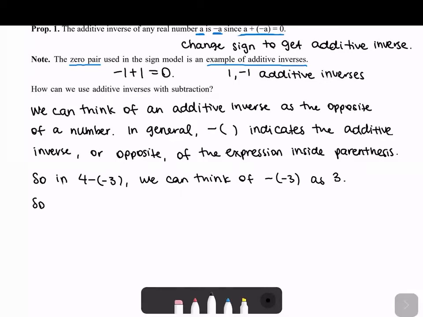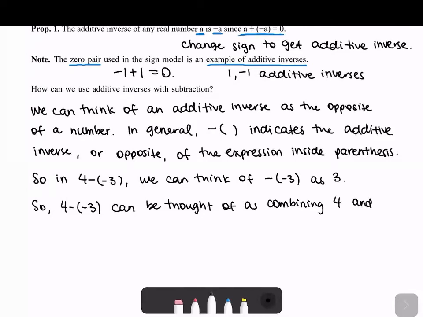So whenever we're thinking of 4 minus -3, we can really think of it as combining 4 and the opposite of -3, which is 3.